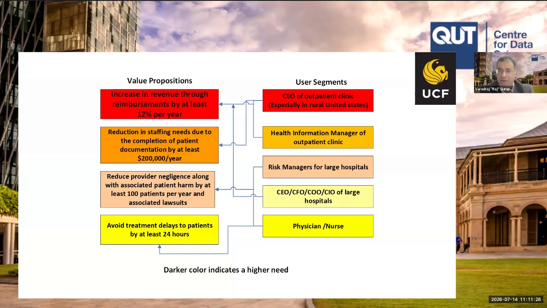You need not hire so many staff members in the hospital, because there are systems that can check for incompleteness and tell you that here is where the incompleteness happens. There could be a reduction in provider negligence, and I can tell you a story on this one.